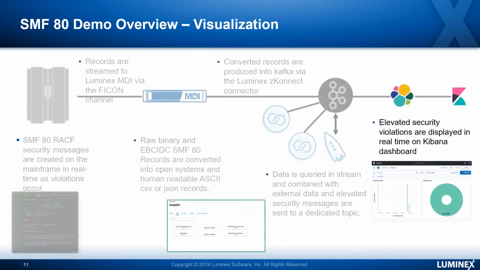Then from there, the elevated security violations are displayed in real time on the Kibana dashboard. In this case, it's a specific dashboard written just for these records, but it could also be an overall dashboard, and this could just be one of many windows where a network team is watching for security violations across the enterprise in real time.